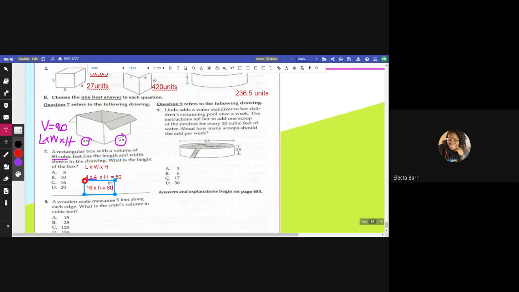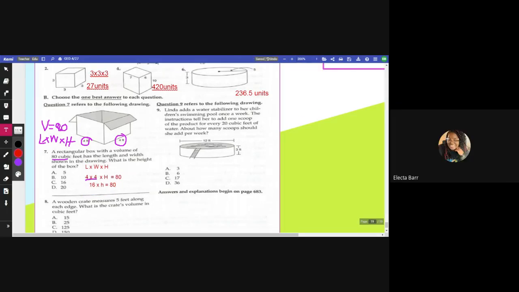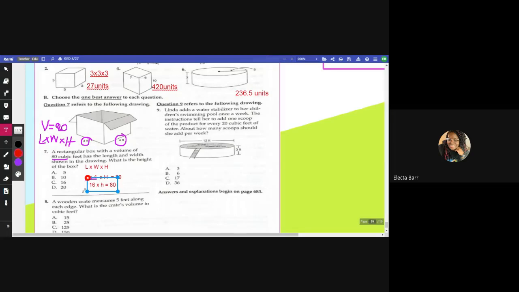So from here, remember when we talked about the opposite of operations, right? Just like the opposite of adding is subtracting, the opposite of subtraction is addition. The same kind of rule applies for multiplication and division. So if I'm multiplying, just like you see here, 16 times h, the opposite would be to divide.